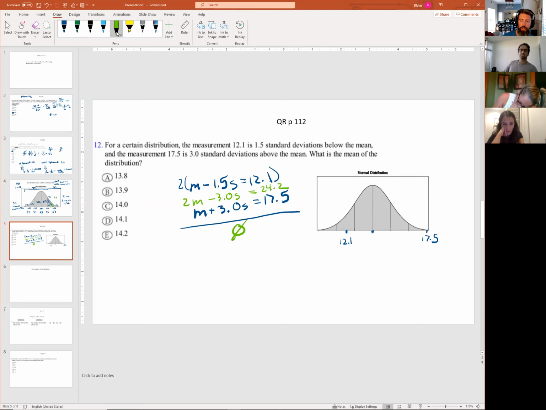And then 2m plus m is going to give us 3m. And then 24.2 plus 17.5 gives us 41.7. And at that point, we can divide everything by 3. And then we'll get 13.9.